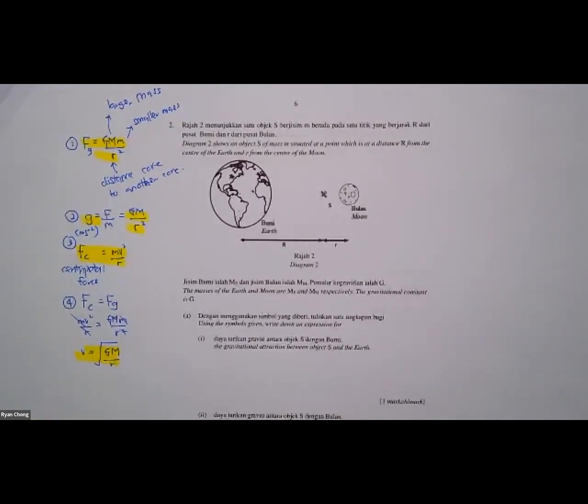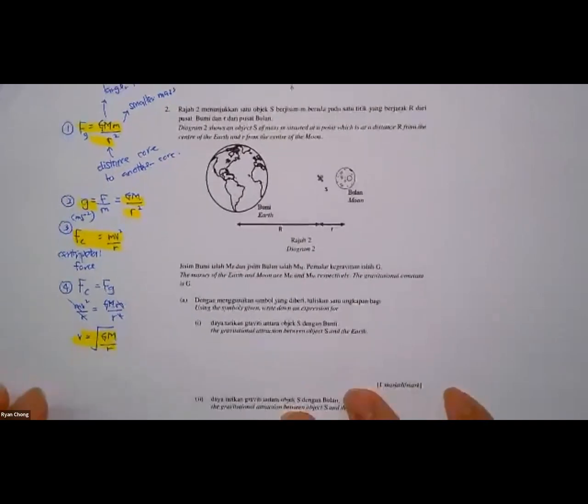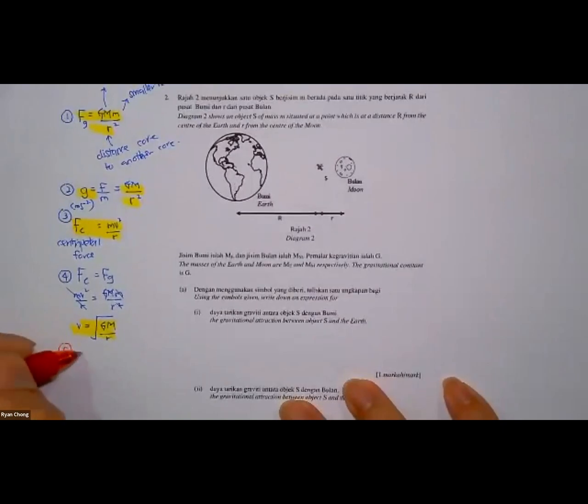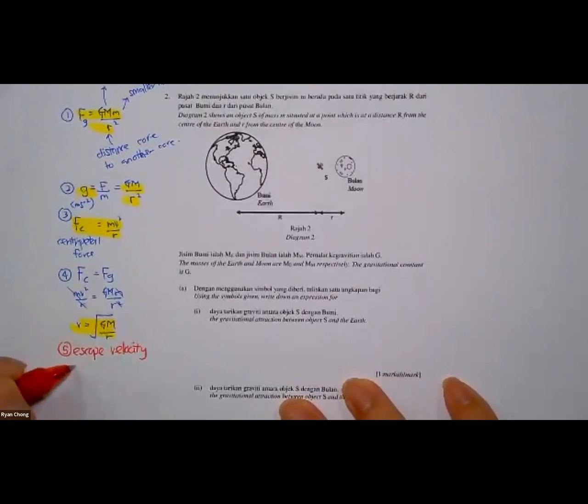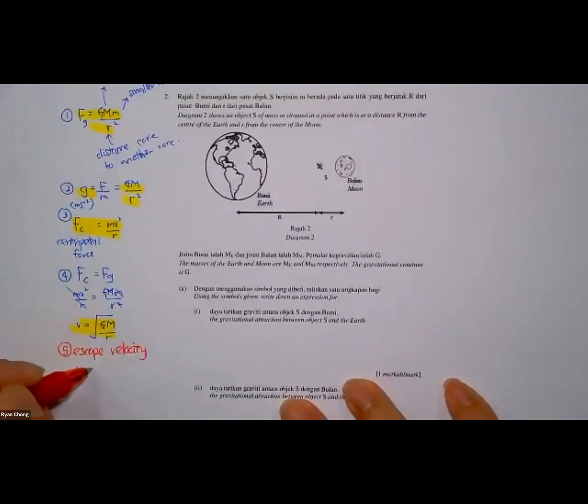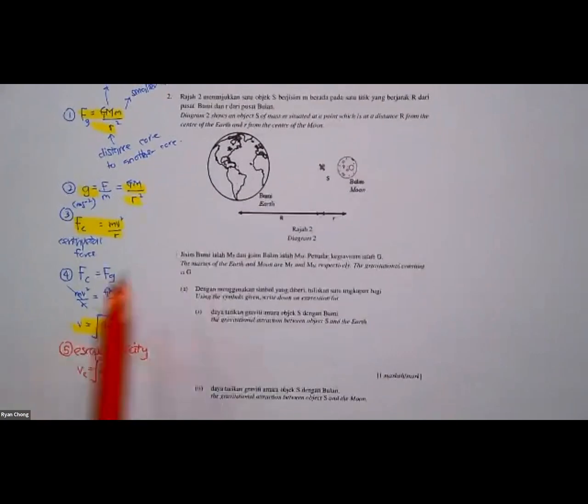Actually, we still have one more, which is escape velocity. Later I will tell you about the importance of escape velocity. Sometimes they use the symbol VE for escape. So it is the square root of 2GM over r. How do you differentiate these two things? The v refers to your speed of orbiting, moving around the Earth.